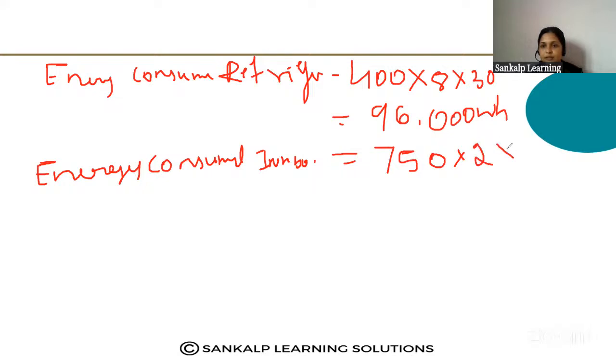How many days? Total 30 days. What is the total? Just multiply 750 into 2 into 30. That is equal to 45,000 watt hour, right?